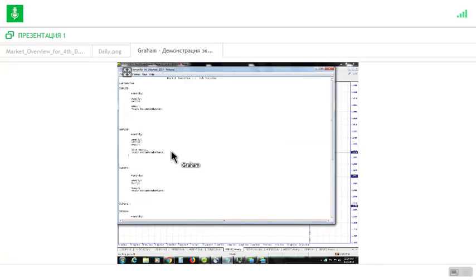So we are looking for either way. If the current week's candle closes above 1.2731, then we'll pick a buy towards 1.3179.